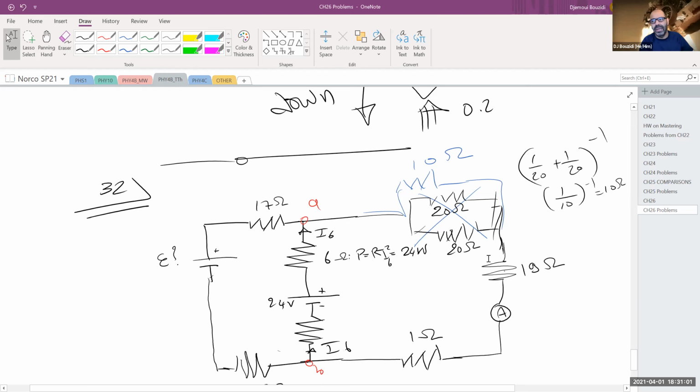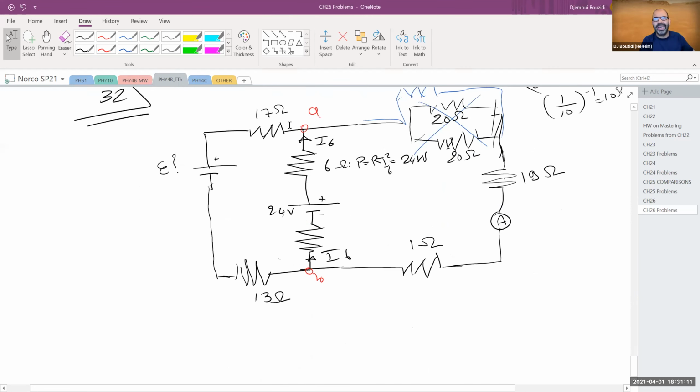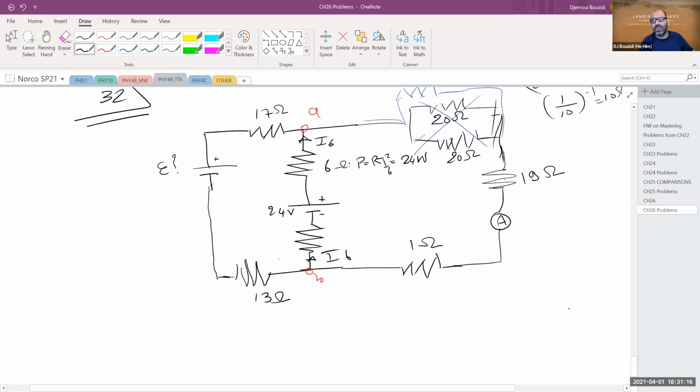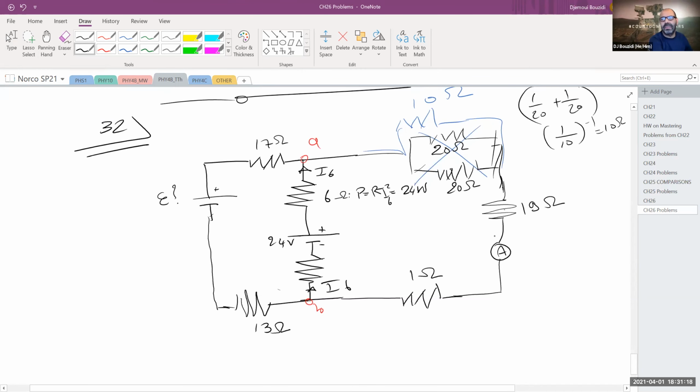Now I found their equivalent, and the 19 ohm and the 1 ohm. So that also should be able to give me the current through this branch. So let's call this one I-19, or I-1. It doesn't matter in this case what we call it. But since it's immediately connected to the 19, I'm going to call it I-19 in here so that the algebra is clear about what's going on.